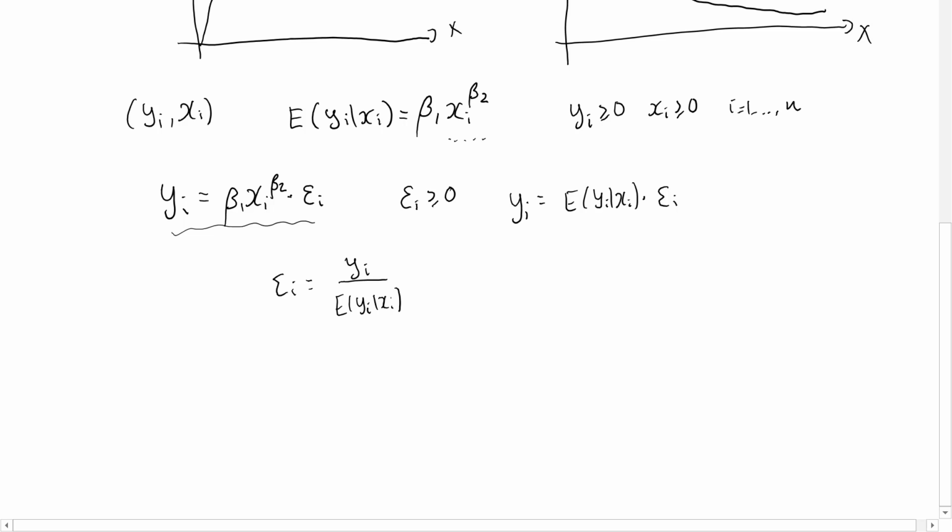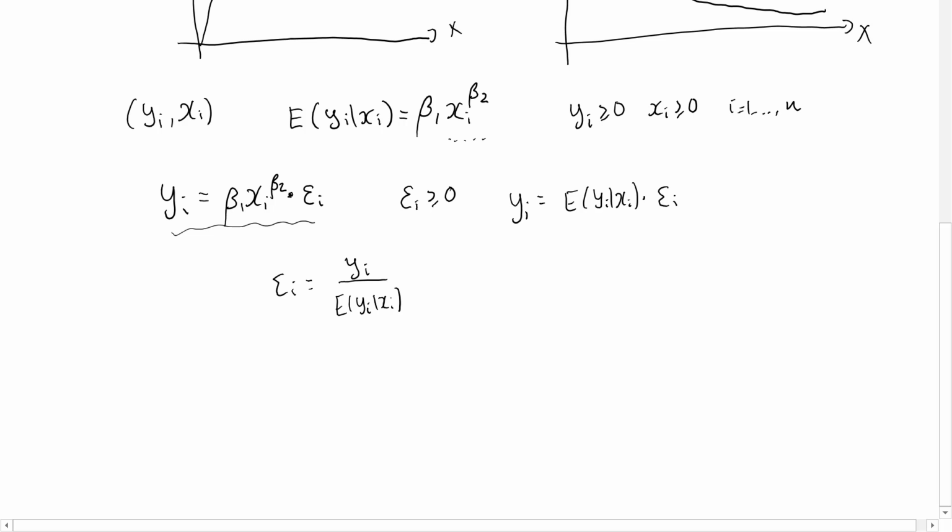Now, since this is a model where we have a multiplicative error term, this is not in the form that we have written the regression model. Not even the regression model that was nonlinear in parameters. So that means that we really have not considered any kind of methods of estimating these parameters.